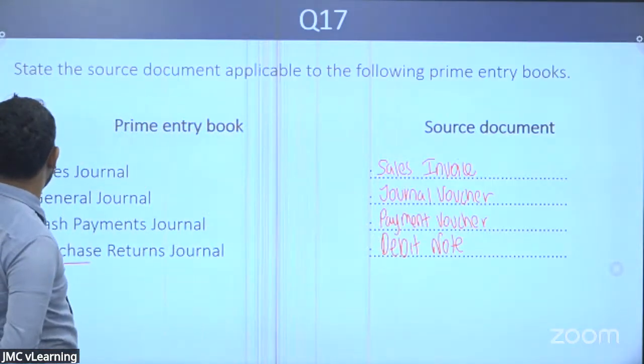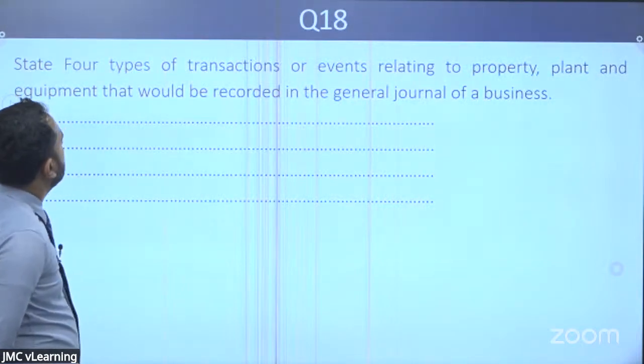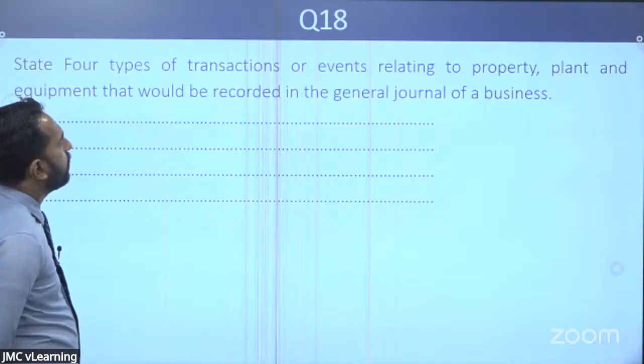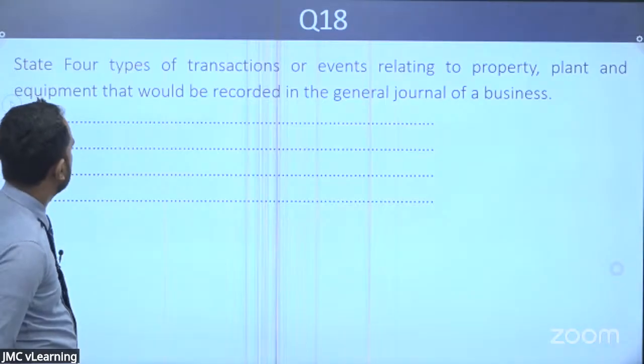Right. Look at question number 18. State four types of transactions or events relating to property, plant, and equipment that would be recorded in the general journal of a business.